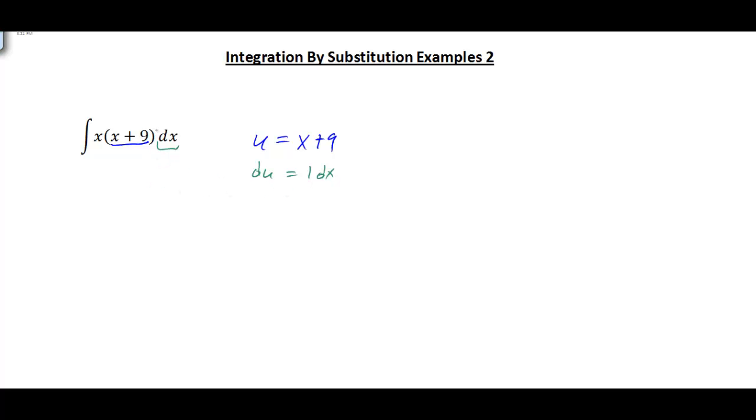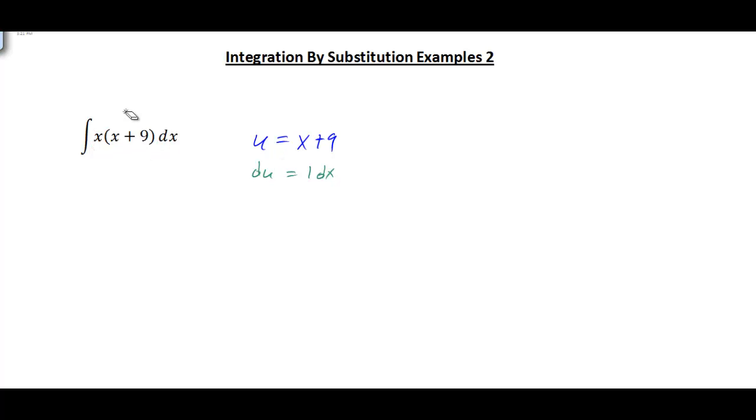We have a 1 because we can think of this as 1 dx, but we have this extra x here and we can't get rid of that. So the u substitution here is not going to work with this example because we need to have exactly u and then our du, but du is simply dx, but we have this extra variable x. So this is not going to work.